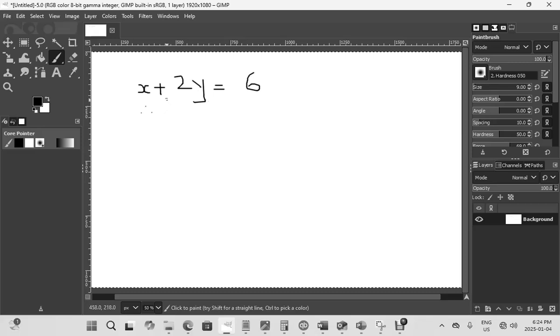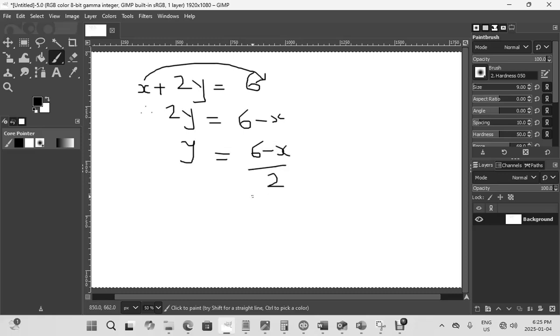So 2y equals 6 minus x, as x goes on the other side, and y equals (6 minus x) divided by 2, which basically means your y will be 3 minus x over 2.